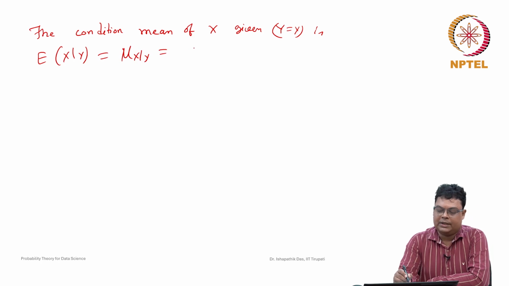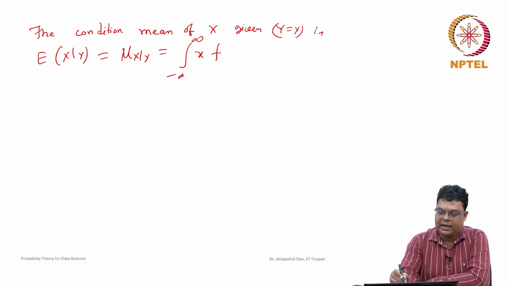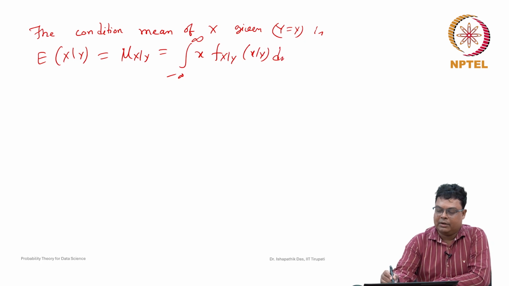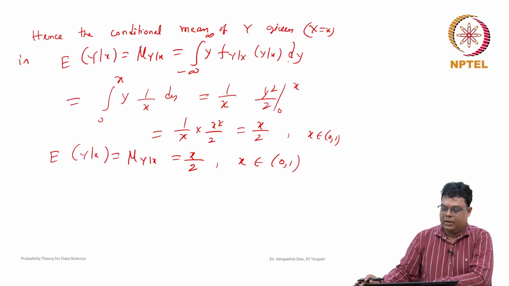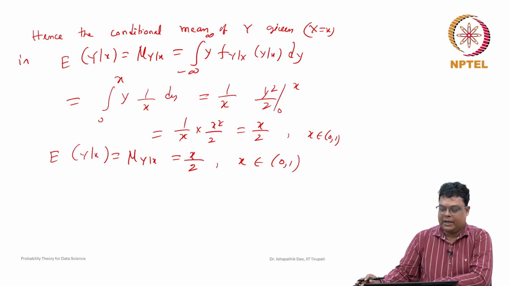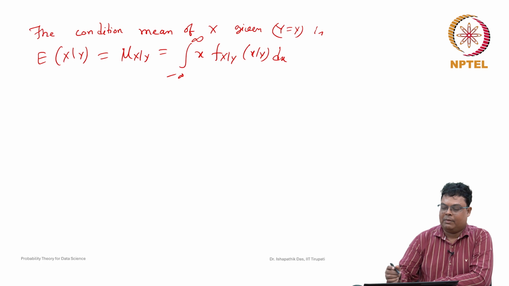By definition, this is the integral from minus infinity to plus infinity of x times the conditional density of x given y, dx. Now let us find out the conditional density function. First we have to find the conditional probability density function.